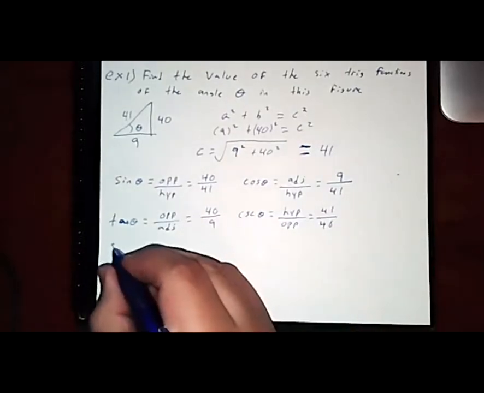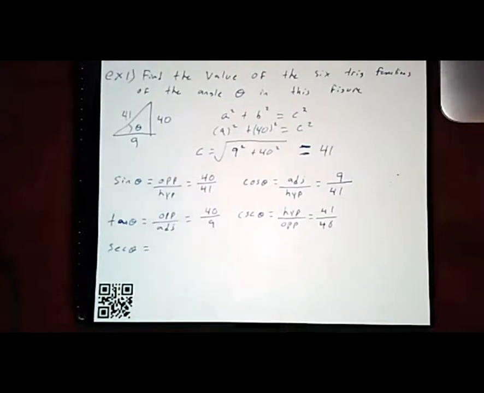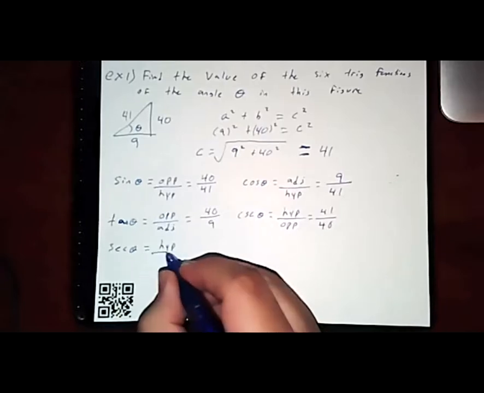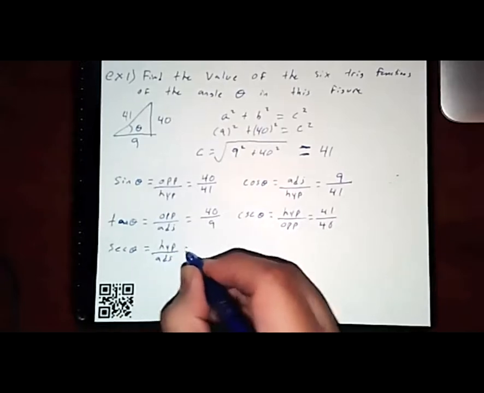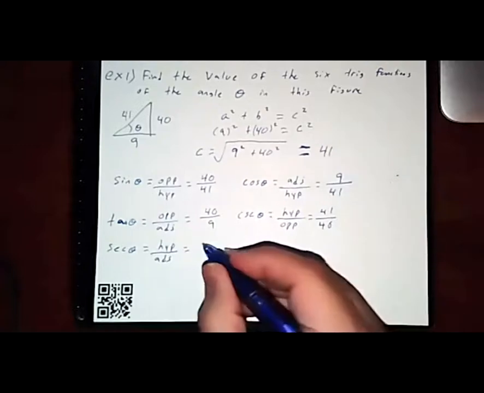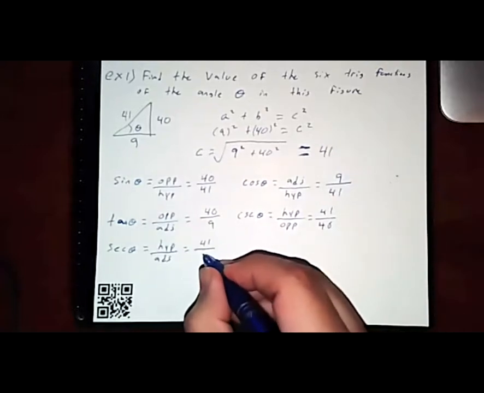And then secant theta. That is what? Defined as reciprocal. Hypotenuse over adjacent. Yeah, the reciprocal of cosine, right? So hypotenuse over adjacent, which is just flipping this guy over.